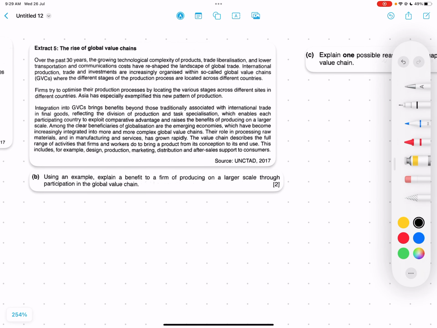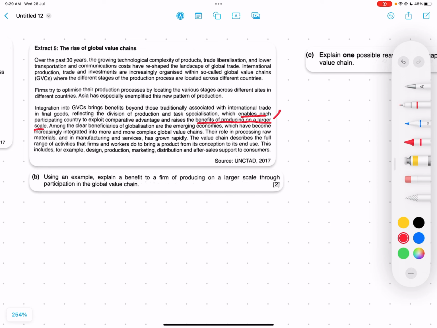Next, part B. They ask, using an example, explain a benefit to a firm of producing on a larger scale through participation in the global value chain. It enables each participating country to exploit comparative advantage and raises the benefits of producing on a larger scale.